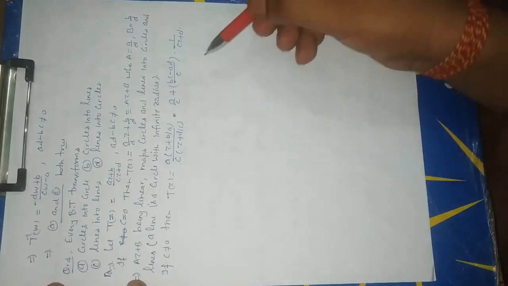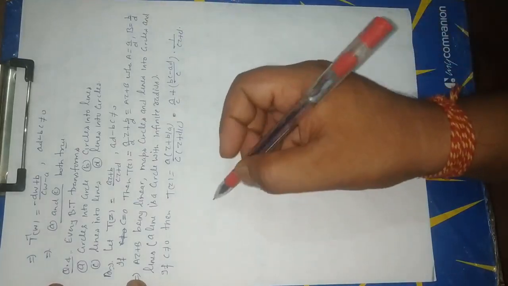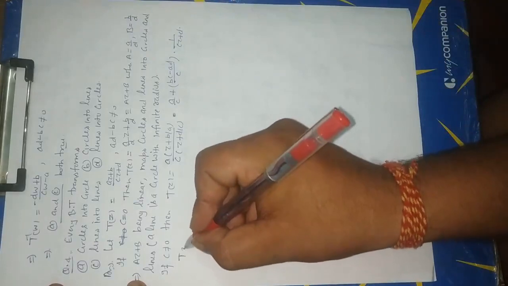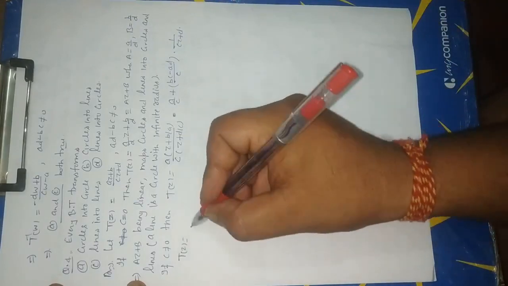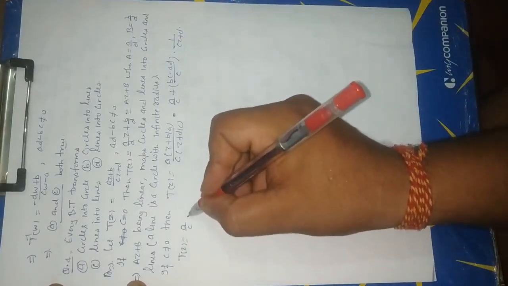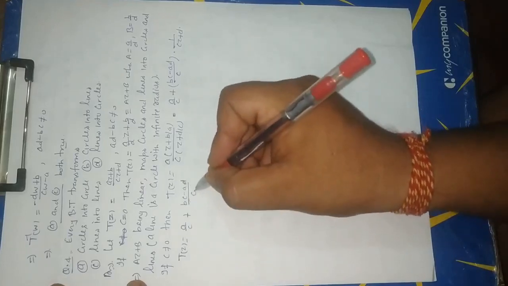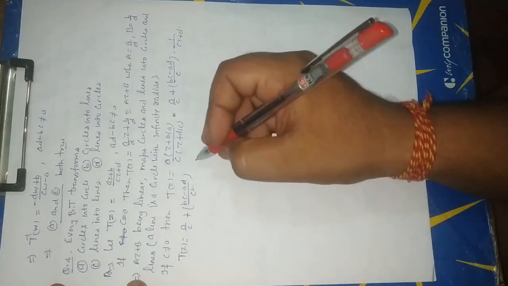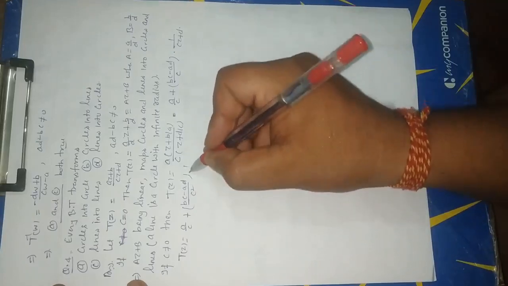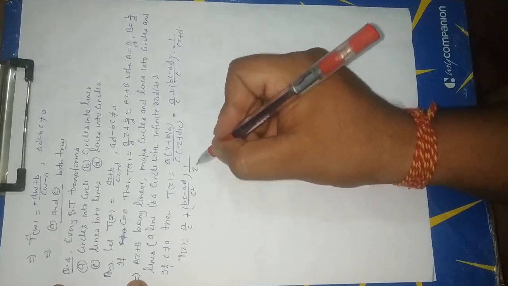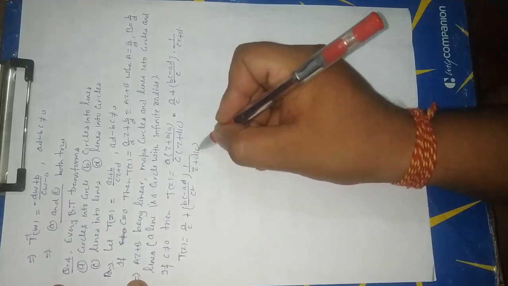By dividing, we get T(z) = a/c + ((bc - ad)/c²) times 1/(z + d/c).